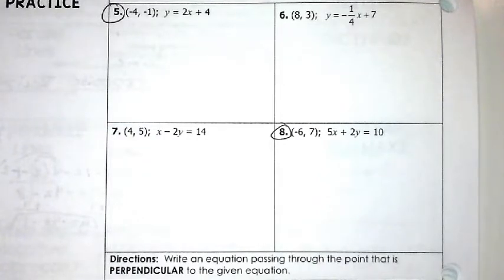Y equals negative 5 over 2x minus 8 is correct. Wait, hold up. Yes, it is. Where are you getting your 8 from? I have no idea where you're getting your 8 from. That is great, Kinsey. I'll go ahead and erase it. Perfect. Thank you.